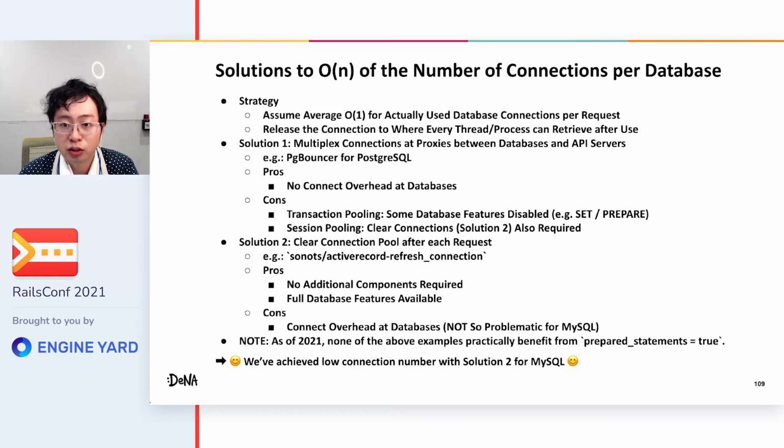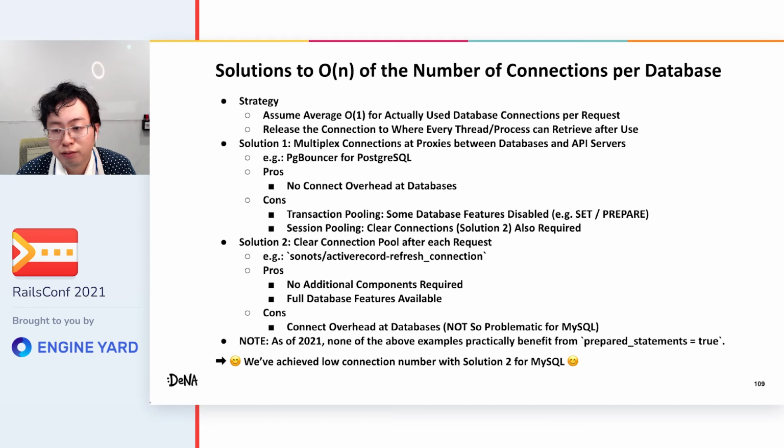The pro of this solution is there is no connect overhead at databases. However, there are cons. As for transaction pooling, some database features are disabled, and regarding session pooling, clearing connections is also required. And solution 2 is to clear the connection pool after each request.